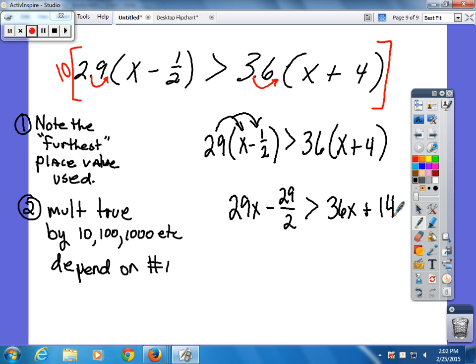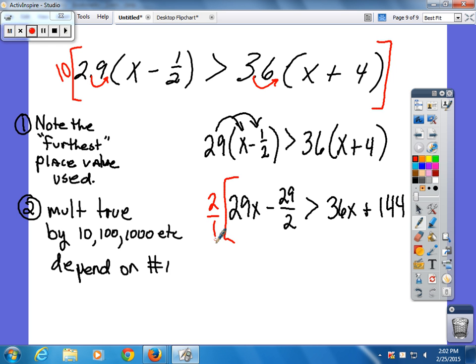Somebody help me out. Now what we do? How do you do that? Multiply through by 2, which is the common denominator. I'm going to take my handy dandy red pencil again.